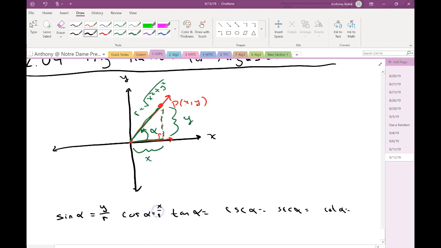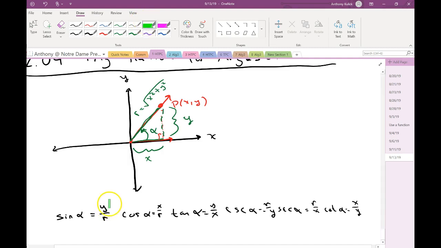Cosine is x over r. Tangent is y over x. Cosecant is r over y. Secant is r over x. And cotangent is x over y. Is everybody clear as to how I did that? I just used our old right triangle definitions.